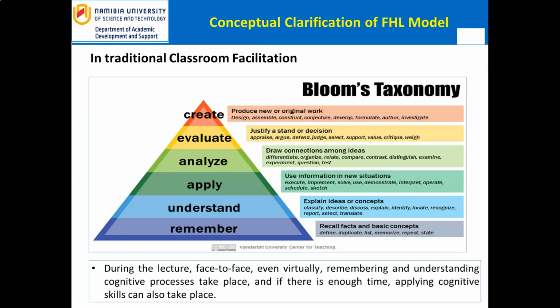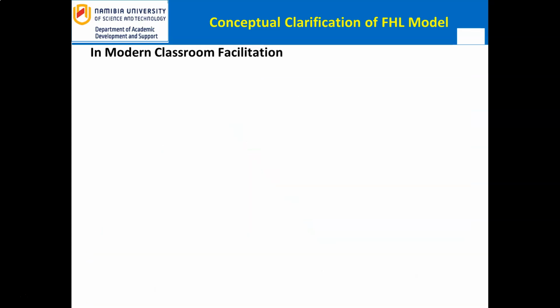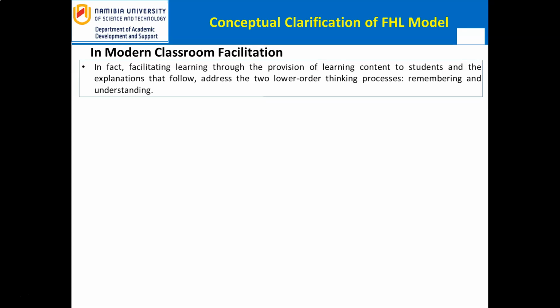These three cognitive processes are in the category of lower-order thinking. After class, students will be provided with homework, sometimes requiring them to work out the other Bloom's taxonomy cognitive processes, higher-order thinking. In fact, facilitating learning through the provision of learning content to students and the explanations that follow address the two lower-order thinking processes, remembering and understanding.